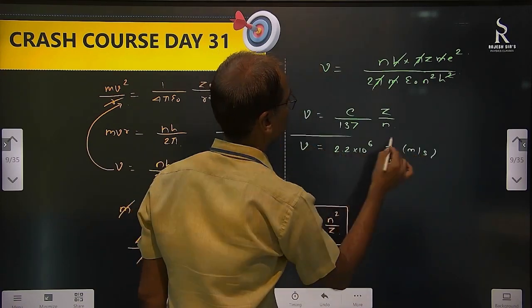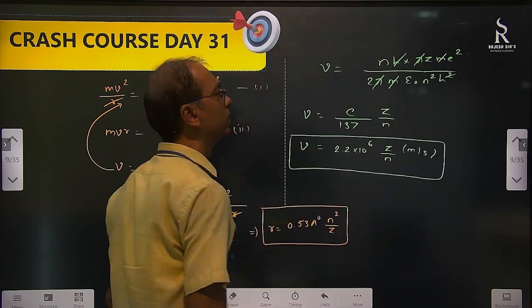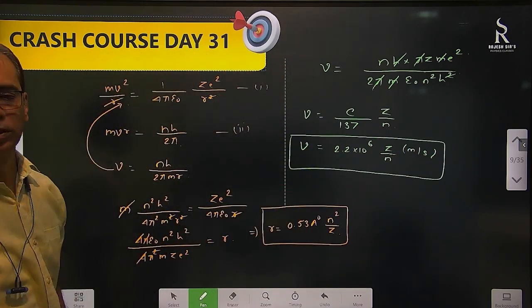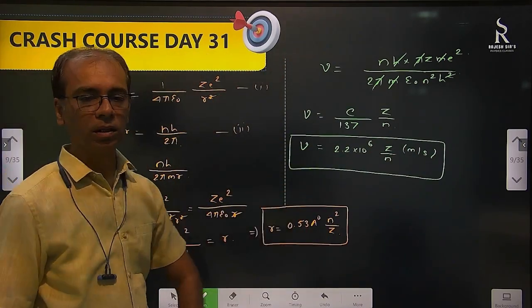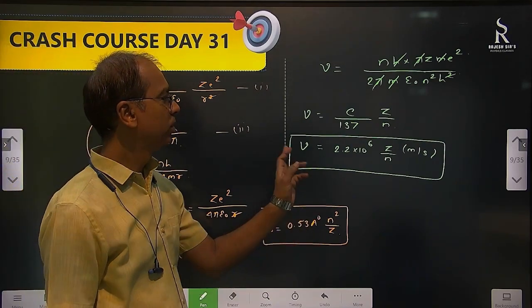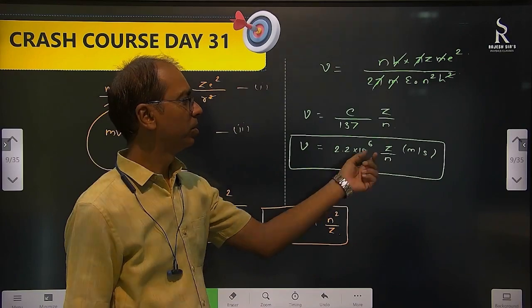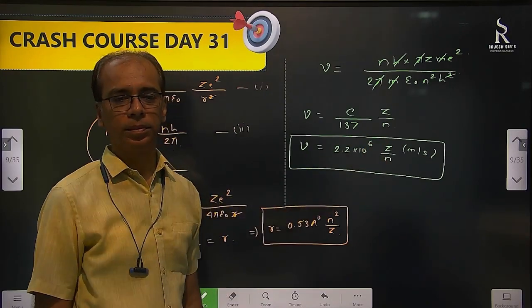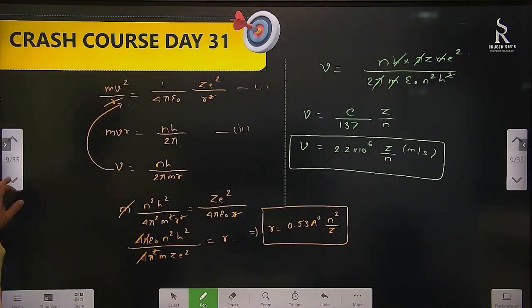This is v, the velocity with which the particle is orbiting. So the radius is 0.53 angstrom n square by z, and v is 2.2 into 10 to the power 6 z by n.